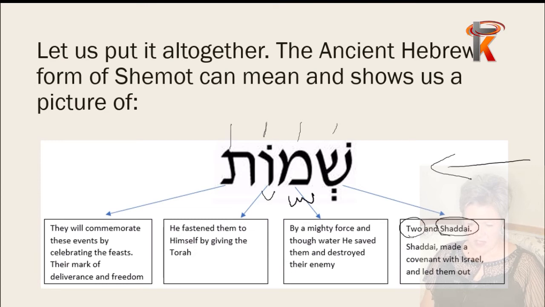He fastened them to himself by giving them the Torah. They will commemorate these events by celebrating the feast, their mark of deliverance and freedom. That's the ancient prophetic meaning behind the word Shemot, Exodus in our Bibles.